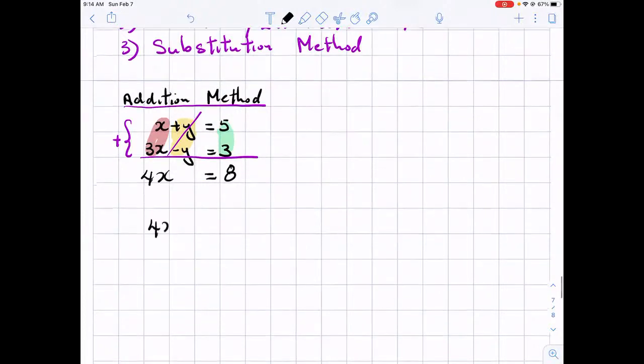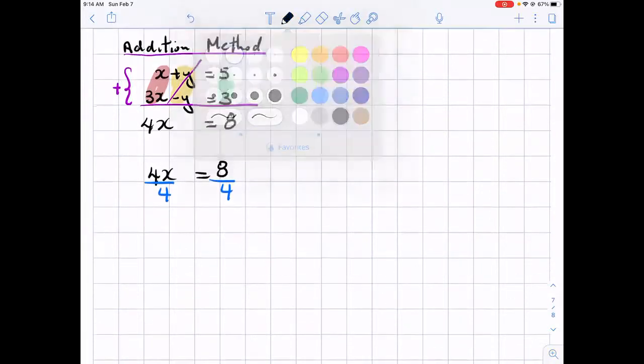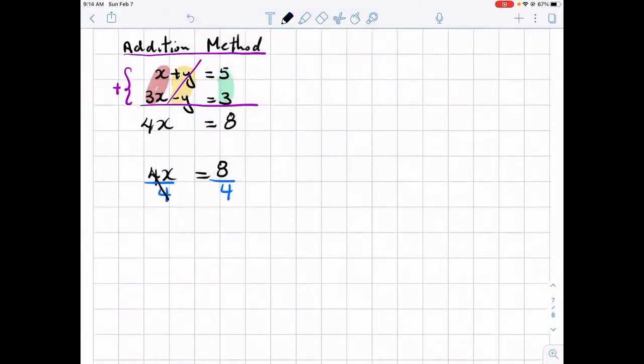Now, how do we get x by itself? Well, all we have to do is divide both sides by 4. And this will leave me 4 divided by 4 is 1x, so x is equal to 2. Okay? Now, if x is 2, remember, I usually label my equations just so that we don't get carried away wrong.